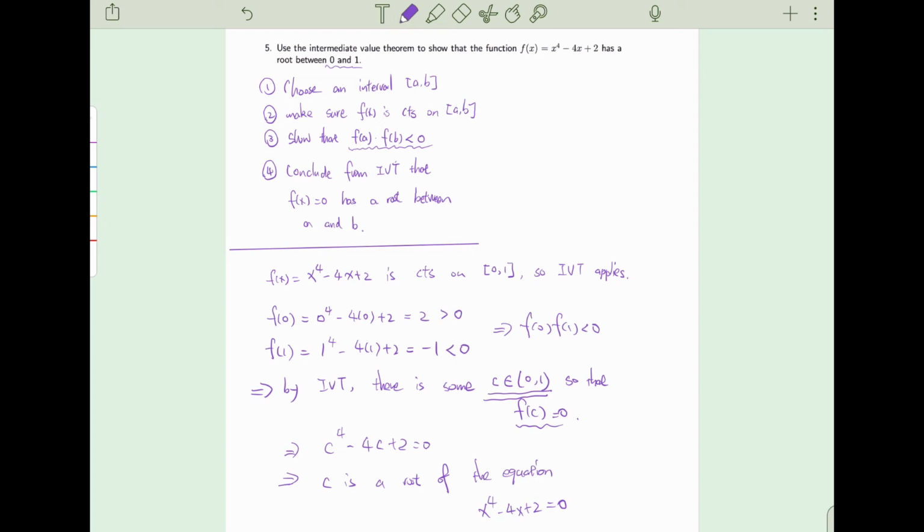And the way we construct the equation is just let f of x equal to 0. Okay, so that is how we use the intermediate value theorem. Just remember to follow these 4 steps, right? Make sure to state first that f of x is continuous on that interval you've chosen, so the intermediate value theorem applies.